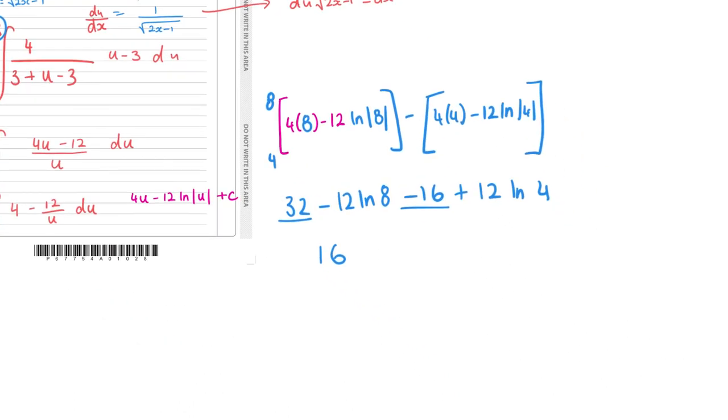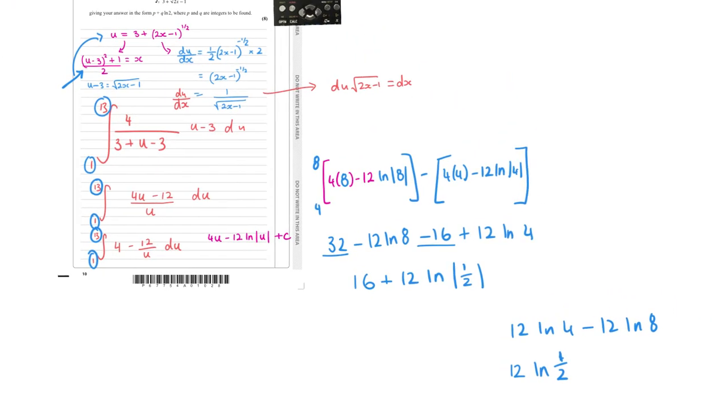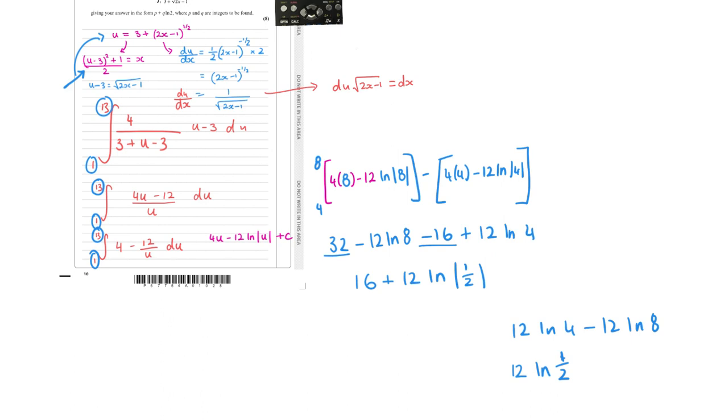Right there, guys. So I'm going to get 12 ln 4 minus 12 ln 8, which is going to give us 12 ln 4 over 8, which is a half, right? So technically now we're going to have plus 12 ln of a half. Now, in the question, it wants it in ln 2.